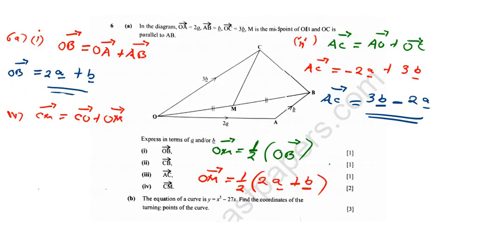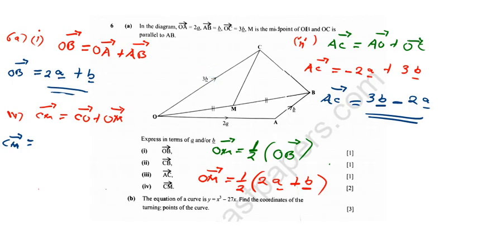So let's now finish our question. So CM is equal to OC, or I mean CO. I have BCO, which is a 3B vector, but I'm going against the arrow, so it becomes a negative.